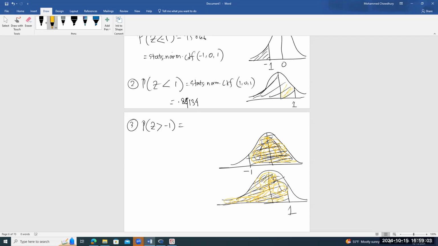That area we already found there, which is equal to 0.84134. I think online people cannot see it, so let me write it in black: 0.84134. Okay?